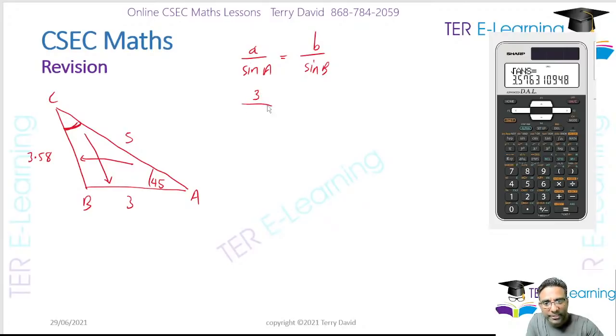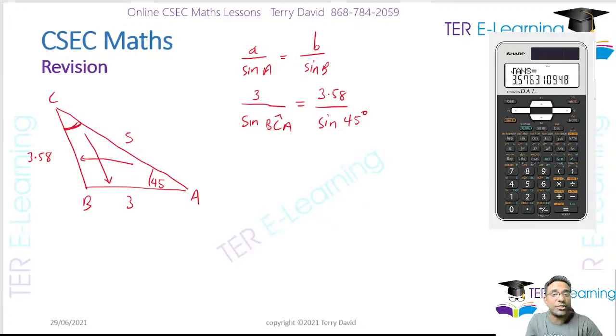It's going to be 3 over sine of the angle, what they call in the question angle BCA, that's the angle we're talking about, is equal to 3.58 divided by sine of the angle opposite, which is 45 degrees.